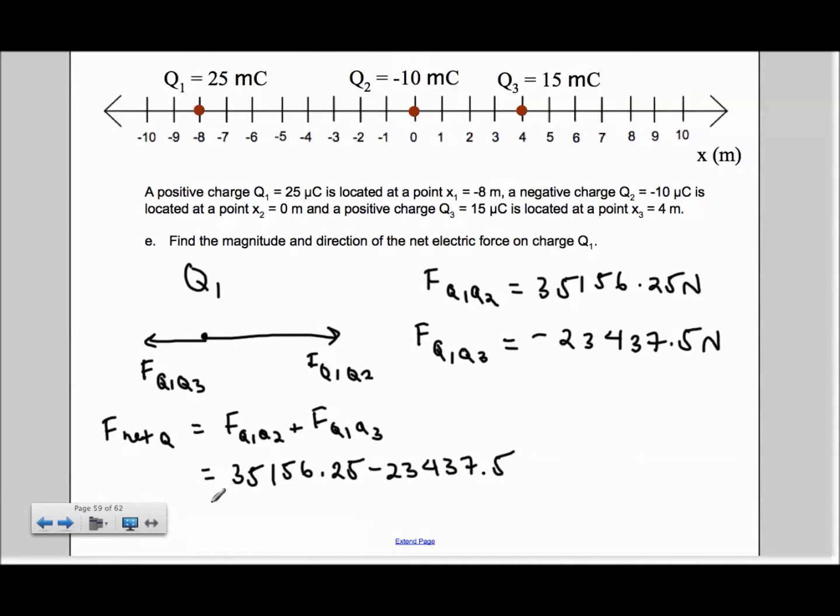So thus net electric force on Q1 is equal to 11,718.75 newtons, to the right, because that is the positive direction, and this net electric force is positive.